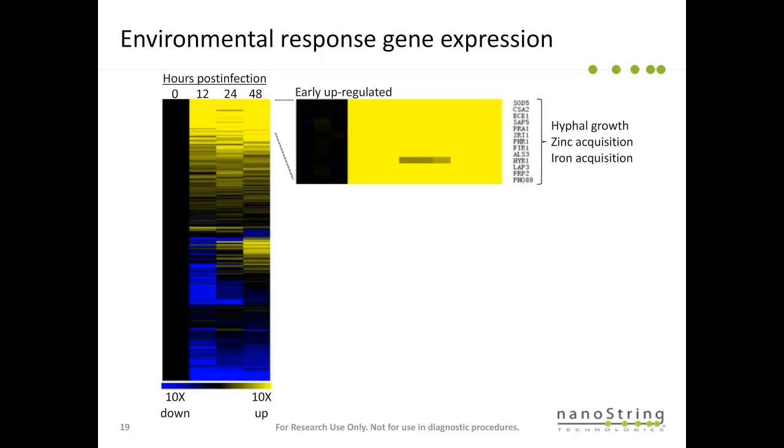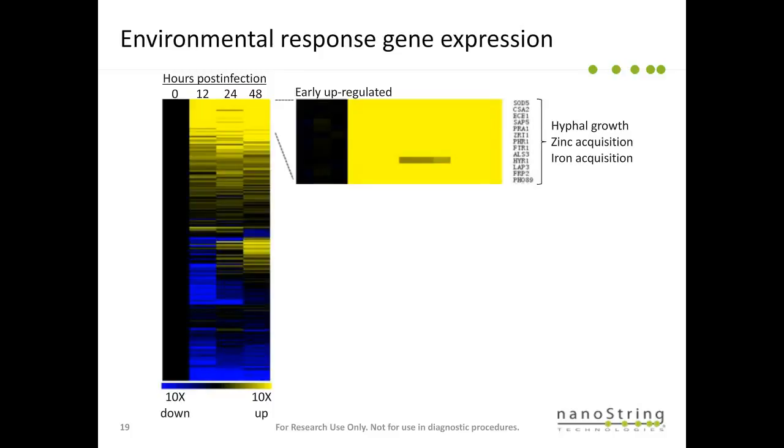What you can see is that there are genes that are upregulated, shown in bright yellow here, at all time points, starting from 12 hours, and all the way to 48 hours. We didn't carry the experiment much longer than 48 hours, because the mice start to get really sick, and some die after that time point.